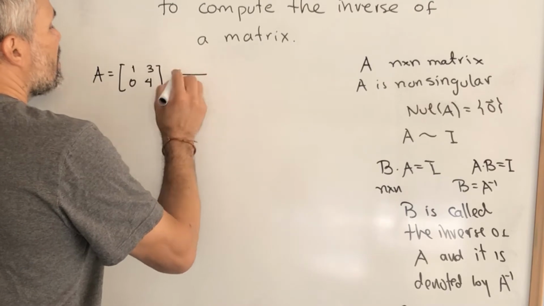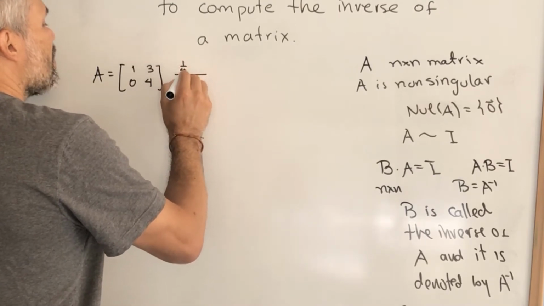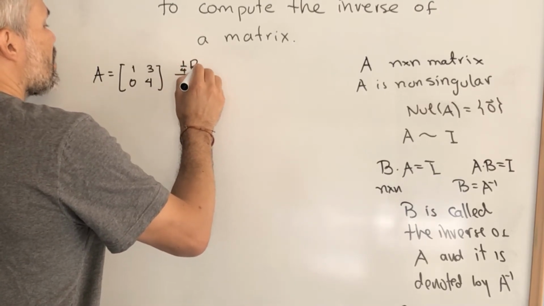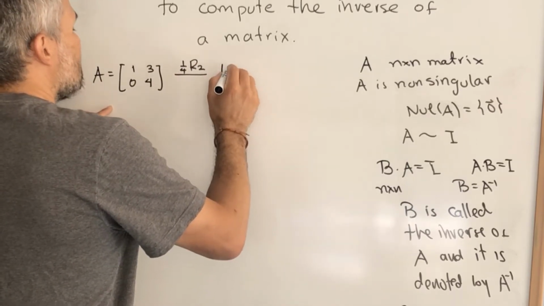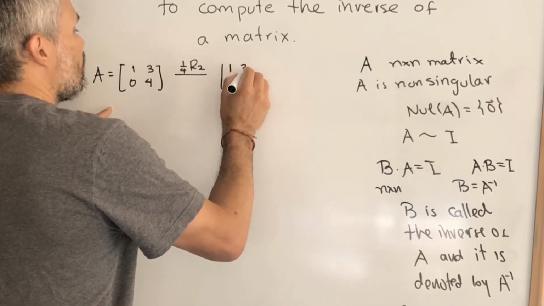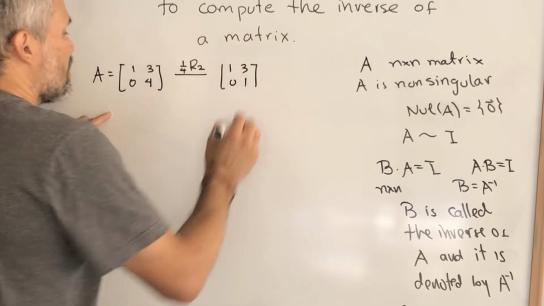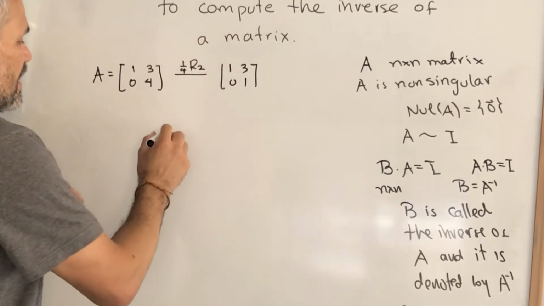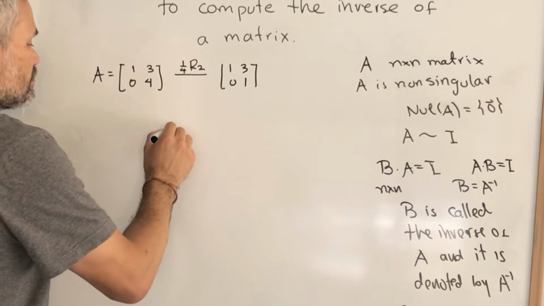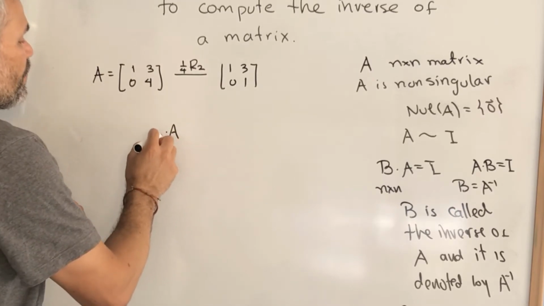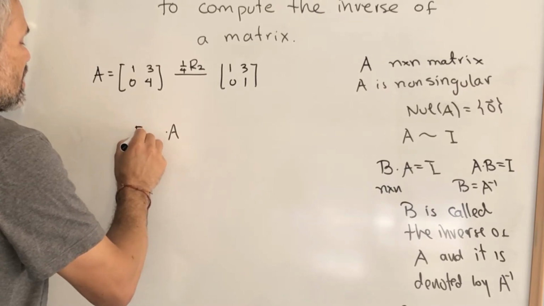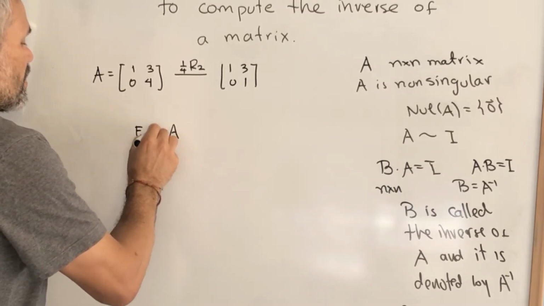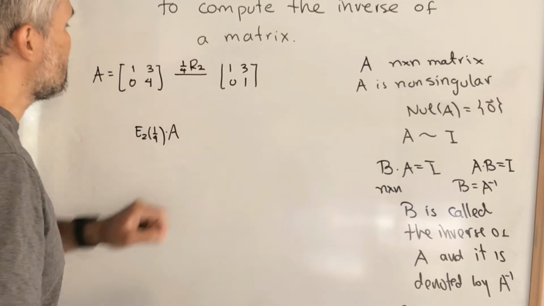Let's do 1/4 of R2, and that will give us the matrix 1, 3, 0, 1. That means that the matrix A multiplied on the left by the matrix E2 1/4 is equal to this matrix.